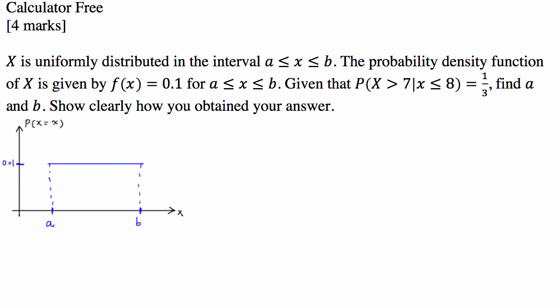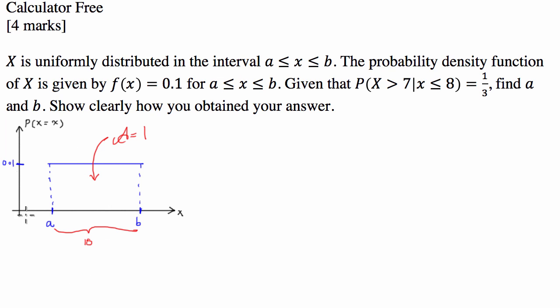Because it is a distribution, we know that the area bounded by the line and the x-axis is equal to 1. So that's a good start for us. If the area equals 1, and the height of this rectangle is 0.1, it follows that the difference between a and b is going to be 10.